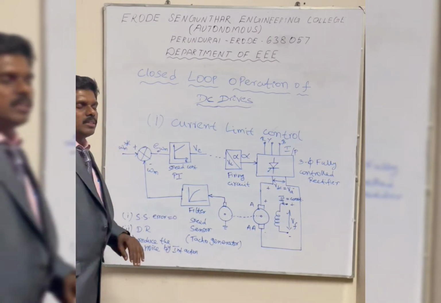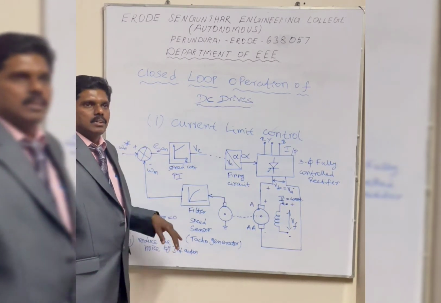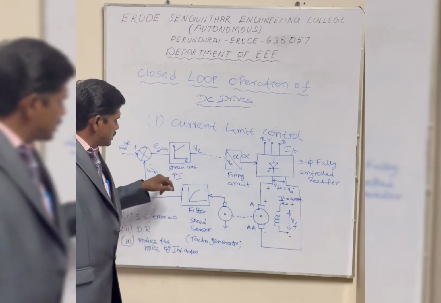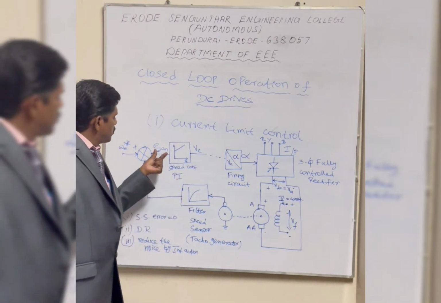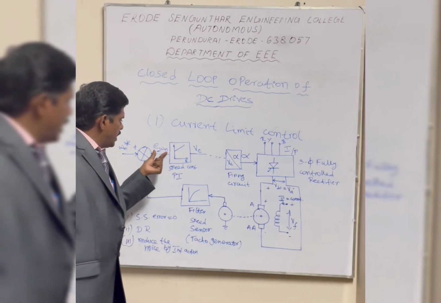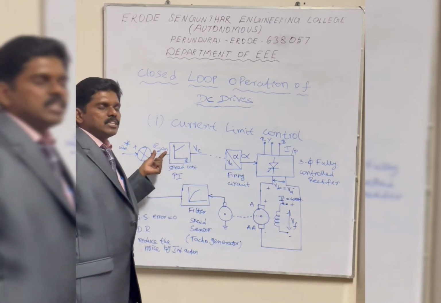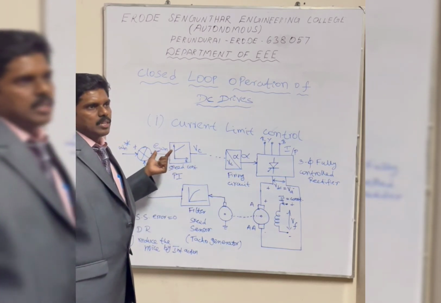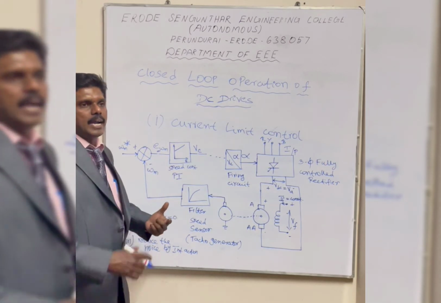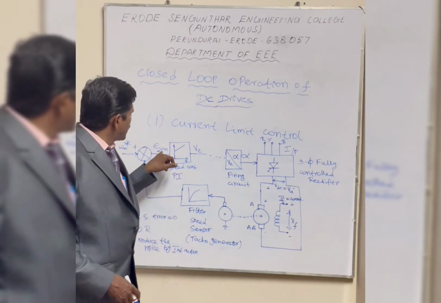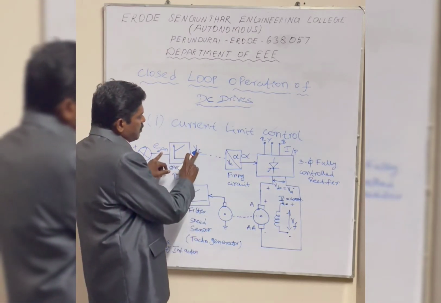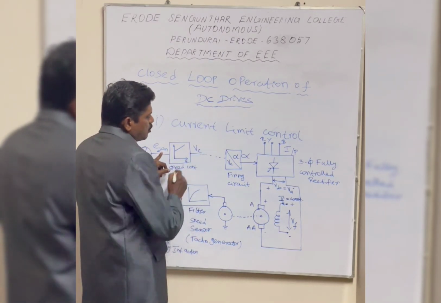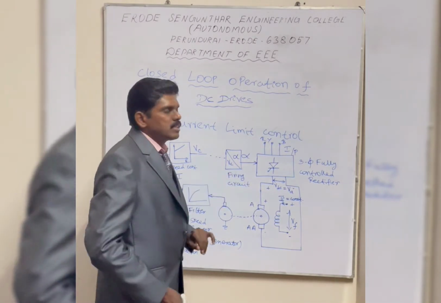So these are the 3 important parameters considered for the operation of the PI controller. The main aim is to make the steady state error equal to 0. For that, the damping ratio has to be adjusted, and the control pulse is generated for the firing circuit.